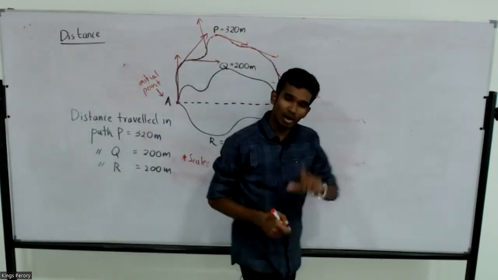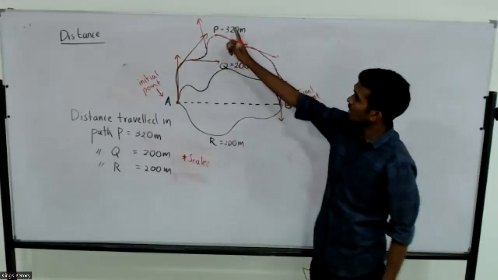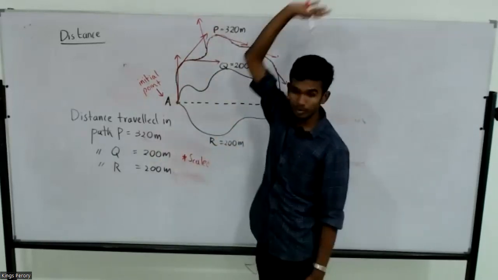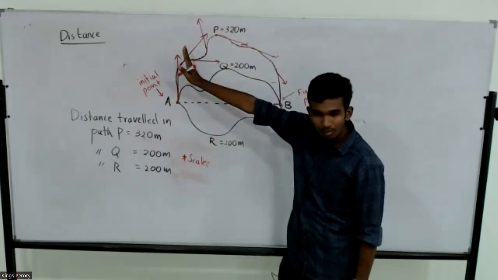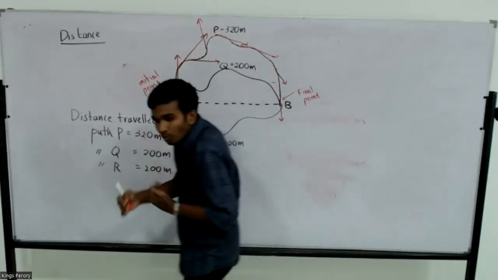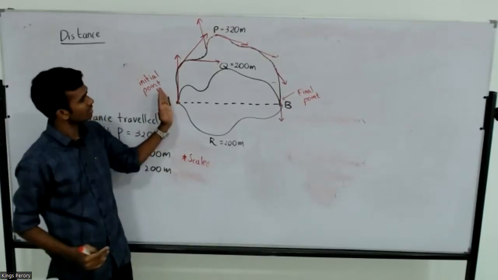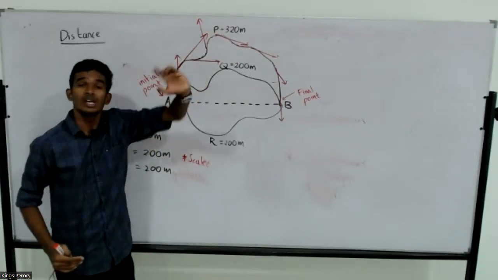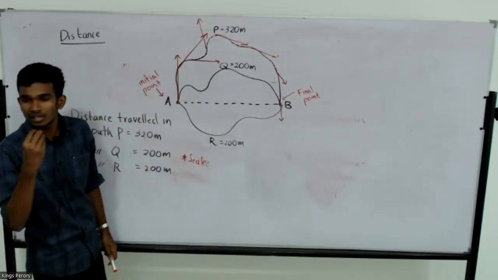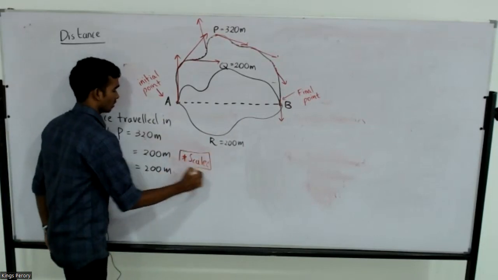Then can you tell one single direction for the full path? If you tell he traveled upwards in path P, he won't go here. He will go somewhere up. So he didn't go upwards in path P. From point to point he is changing the direction, so can you tell one single direction for the full path? No. If you can't tell one single direction for a full path, we say there is no direction. That means it is a scalar quantity.